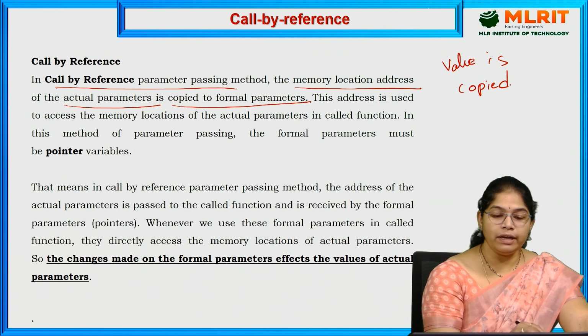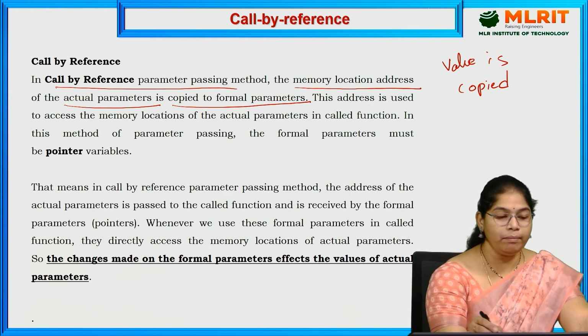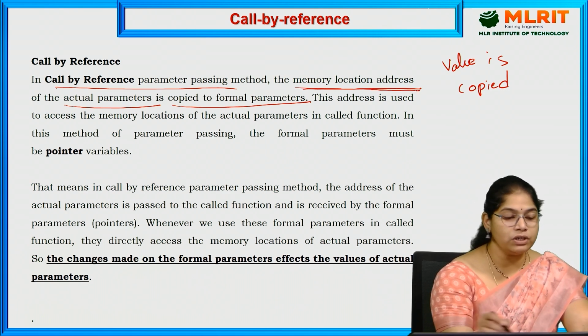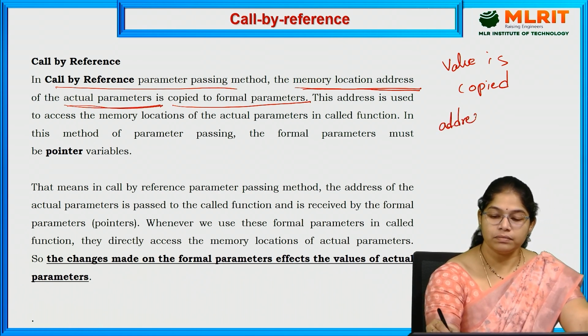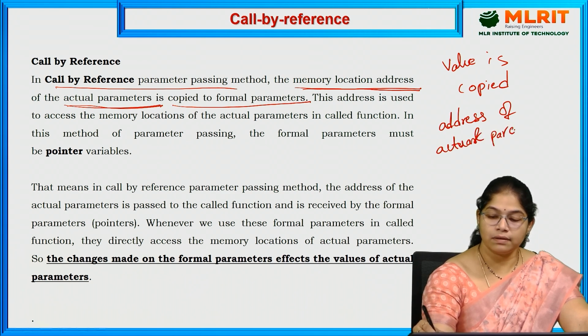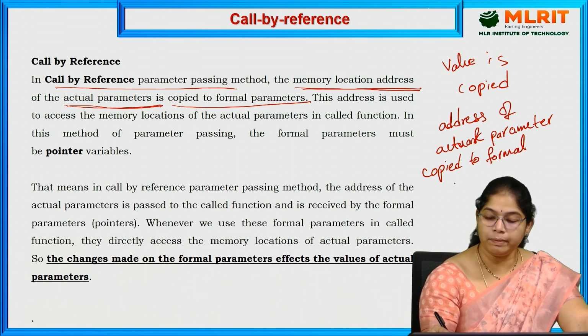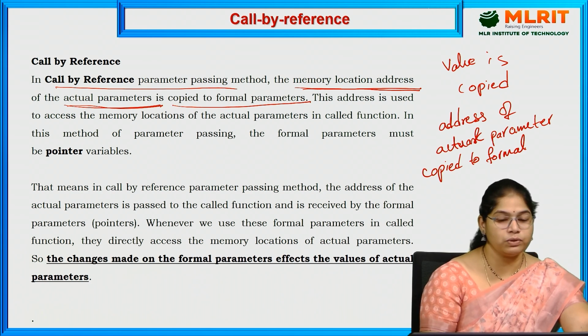But in call by reference, I am passing the memory location address of actual parameters, which is copied to formal parameters. Here I am not passing the value of actual parameters, I am passing the address of actual parameters.